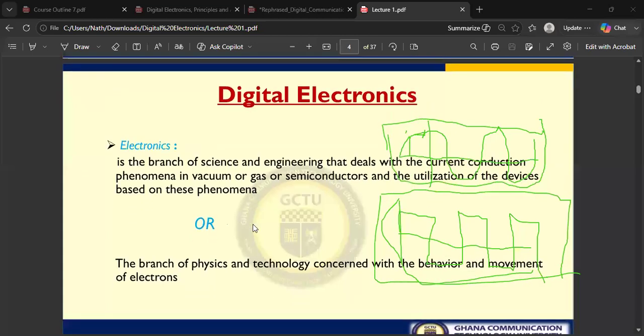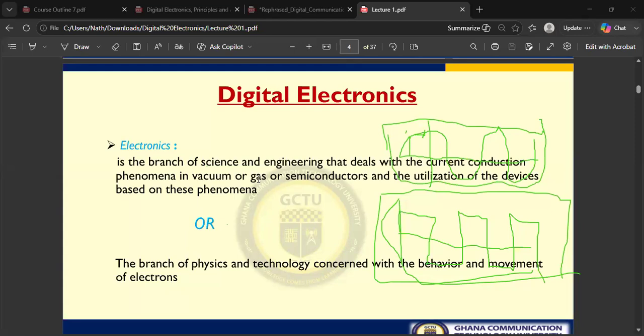So, like I said, before you know what digital electronics is, you have to know what electronics is. Electronics is basically a branch of physics and technology concerned with the behavior and movement of electrons. So it's just a study of the behavior and movement of electrons. We can also say that electronics is the branch of science and engineering that deals with current or conduction.